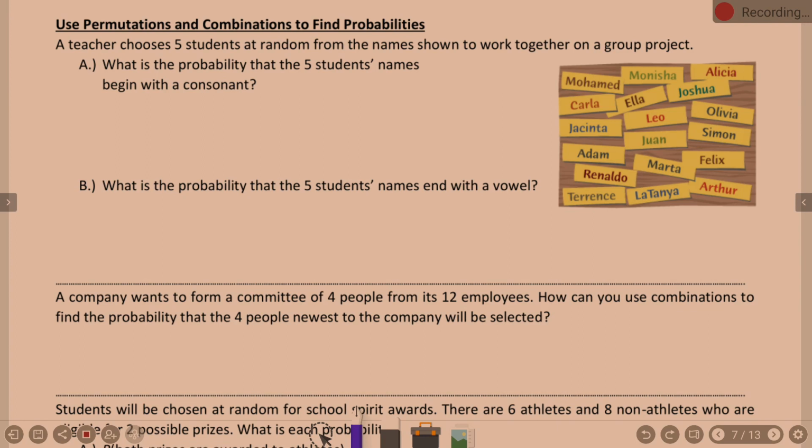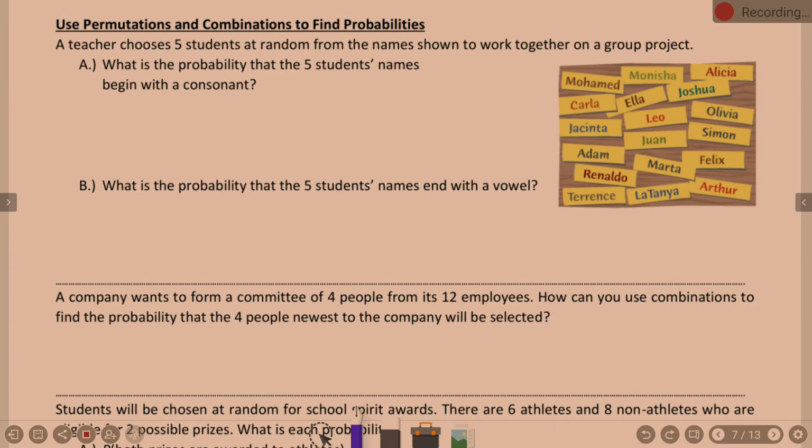Think about it. The bottom of a fraction in probability is all the possible outcomes. On top is what we call the favorable outcome.